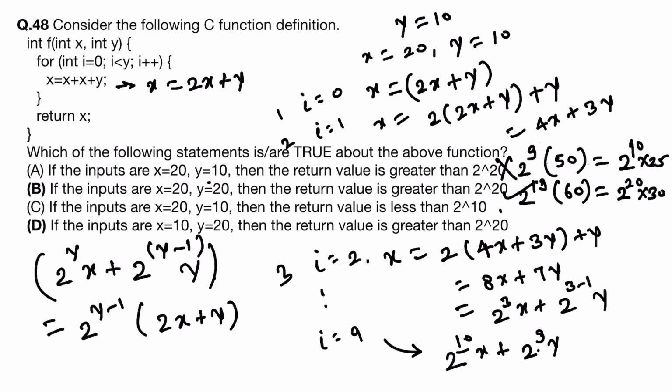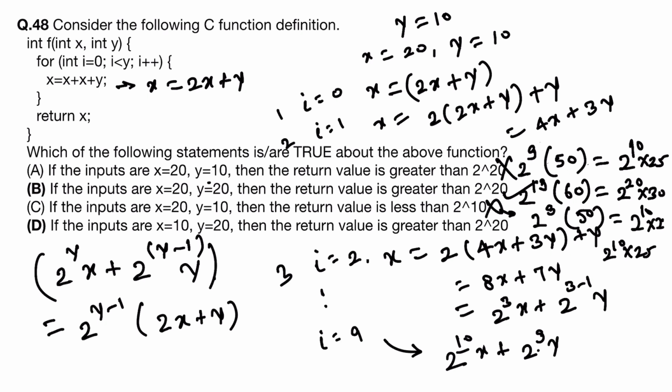This one, 2 to the power y minus 1, 2 to the power 9, 2x plus y, 40 plus 10, 50. This is 2 to the power 10 into 25, greater than, but it is telling less than. So this is false.